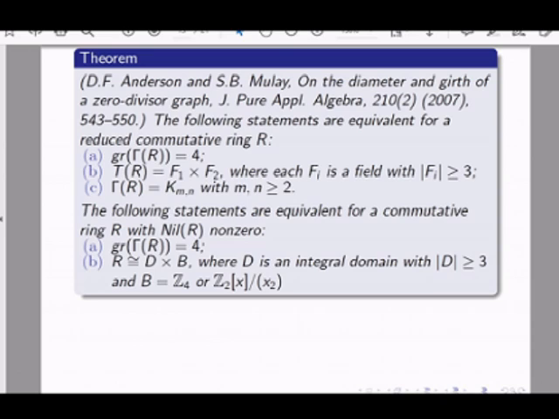Remember, the total quotient ring of R is R localized at the set of all regular elements, meaning they are not zero divisors. Take your set, let's call it F, equal to all the elements of R minus the set of zero divisors.